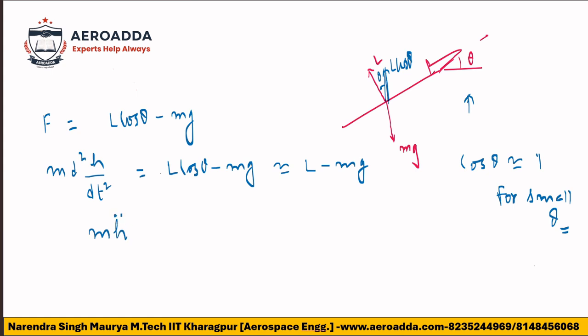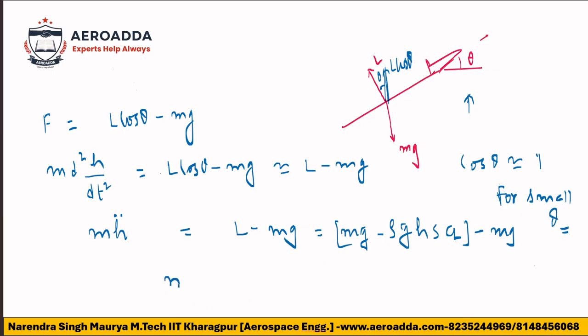You can write M H double dot, just like M X double dot. This is nothing but L minus mg. And if you see the previous equation, the value of L you had written was mg minus rho g h s Cl. You just calculate that value.